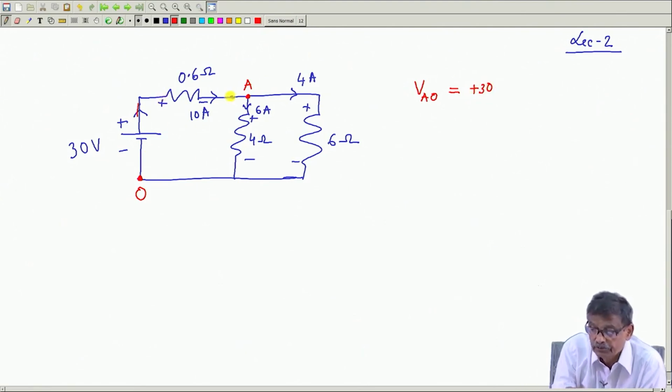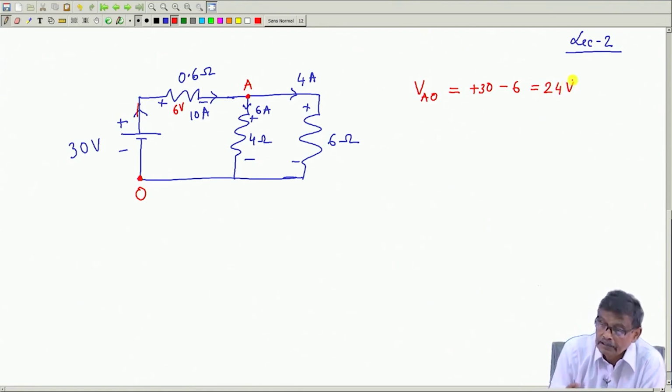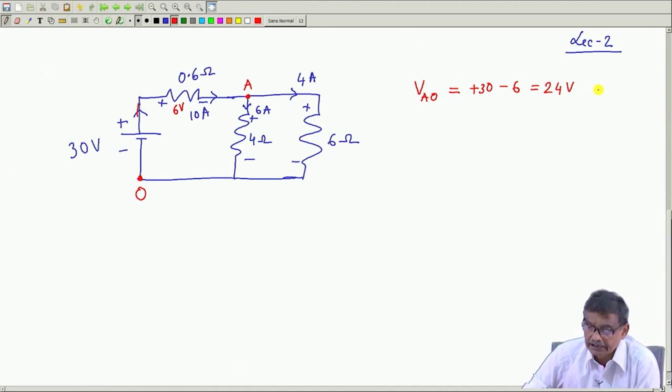Then from this to this, what is the voltage drop here? 6 volt, 10 into 0.6, and it is from plus to minus, so minus 6 volt. So that this voltage will become equal to 24 volt. Therefore, if you connect a voltmeter between these two, I will say VAO is 24. I expect that voltmeter to read 24 volt.